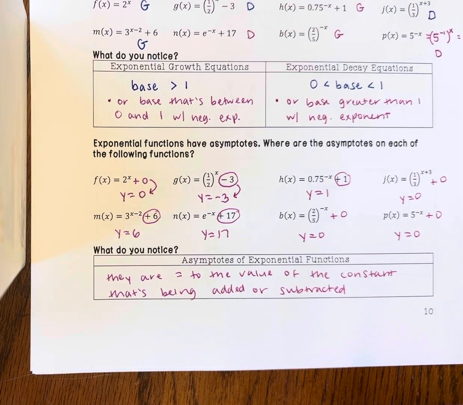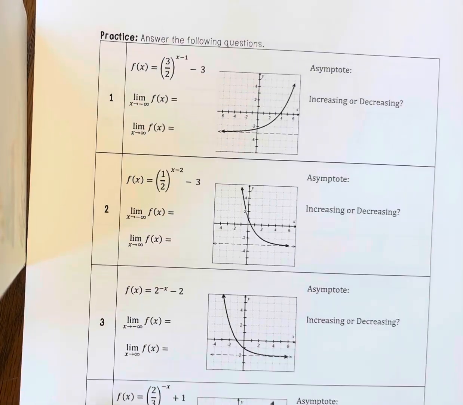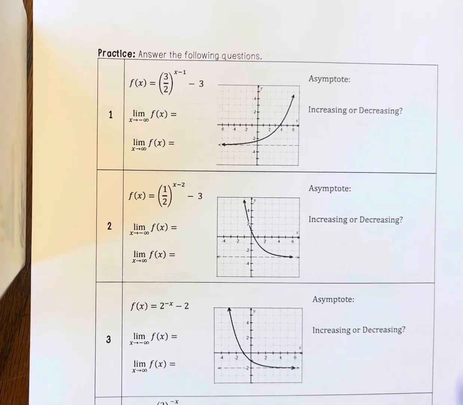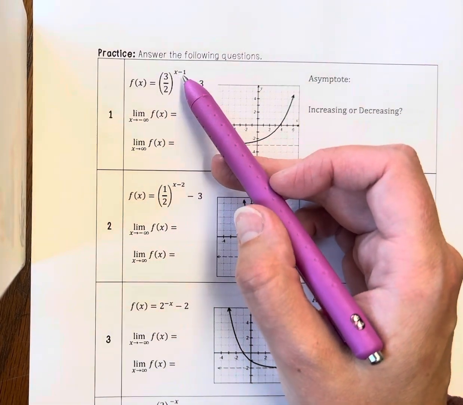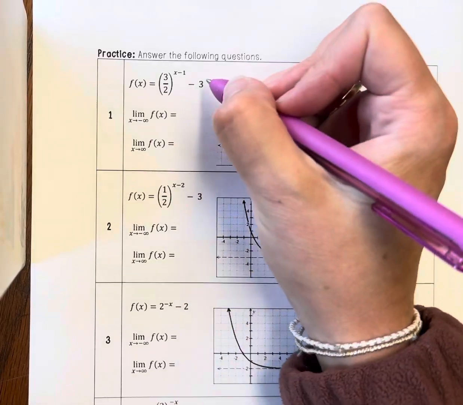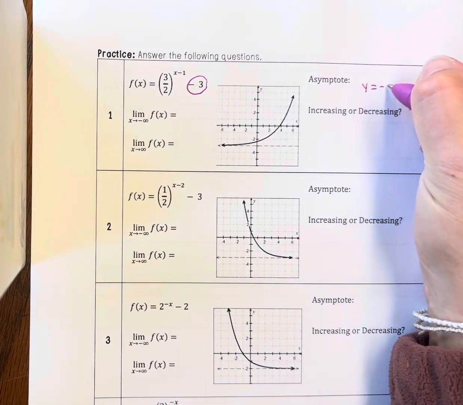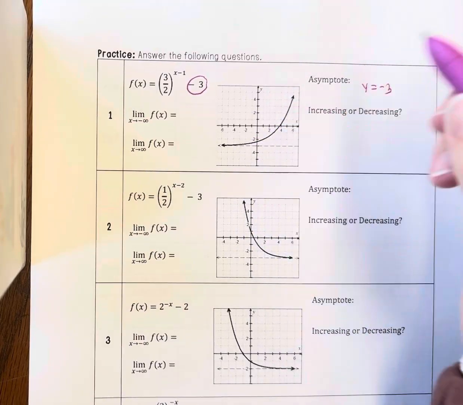All right, so again, this is where limits are coming into play. The limits are going to have to do with the asymptotes that are there. So if you go to page 11, we're going to look at the function 3/2 raised to the x minus 1, minus 3. So our asymptote here is going to be at -3. This graph is increasing.